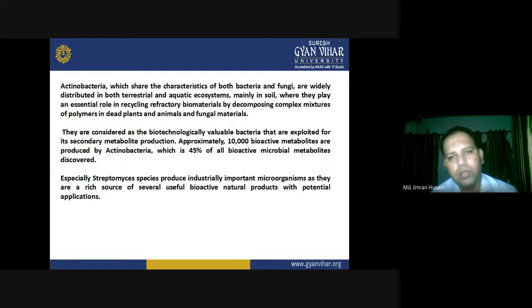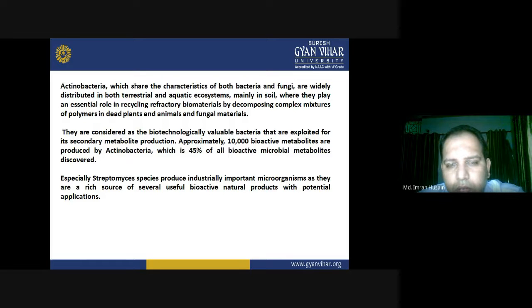Approximately 10,000 bioactive metabolites are produced by actinobacteria, which is about 45% of all bioactive microbial metabolites. So it is estimated that 10,000 bioactive metabolites are specially produced by actinobacteria, about 45% of all bioactive microbial metabolites that have been discovered.